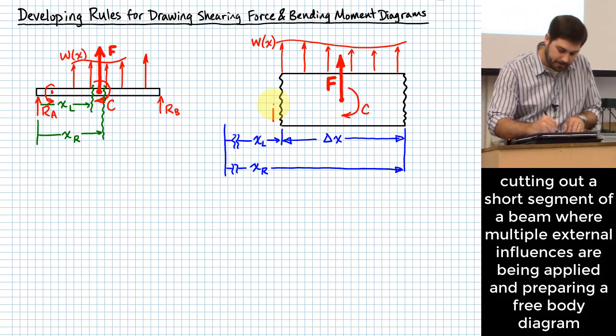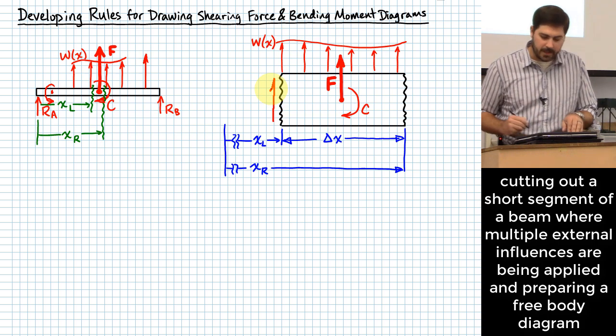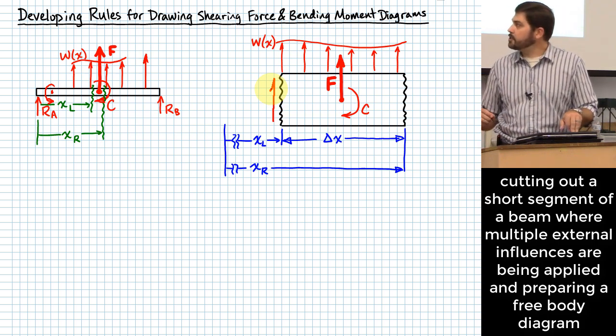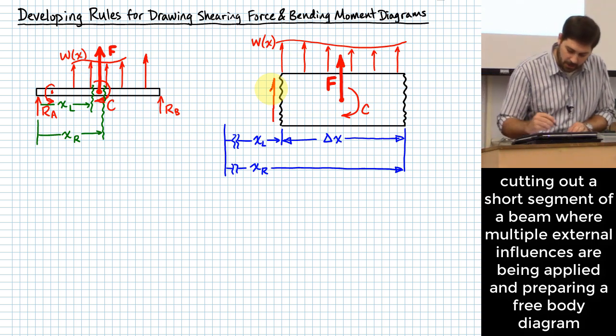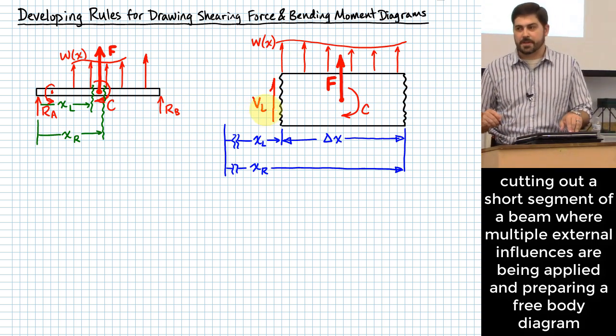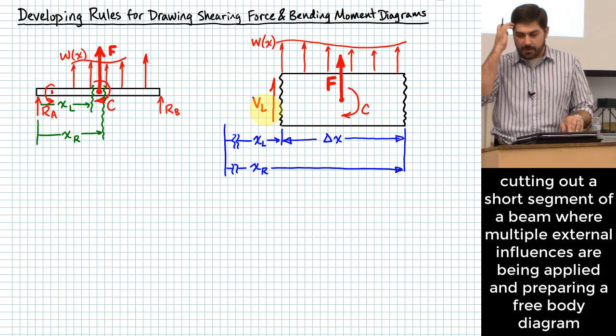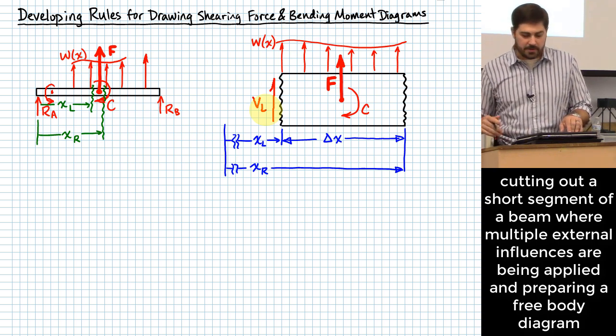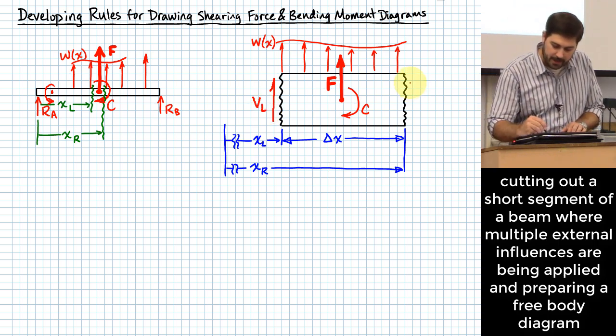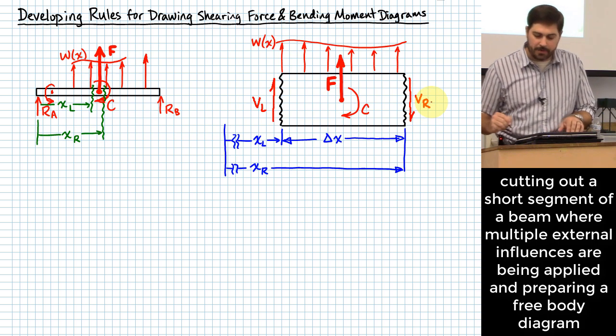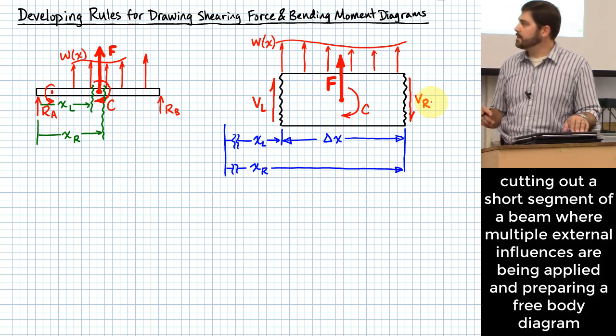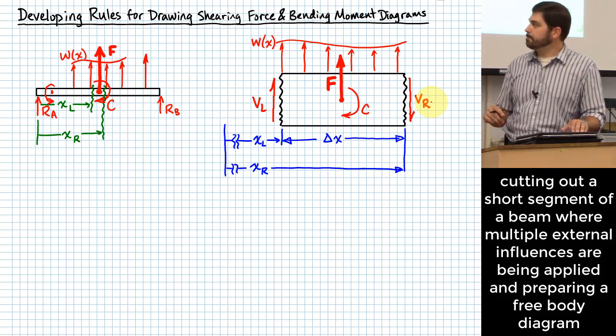Pointing up, like this. Let me give that shearing force a name. I'm going to call that V sub L for the shearing force on the left end of this little chunk. If I follow sign convention for the other side, what direction should I show that? Down. I'm going to name it V sub R for the shearing force at the right end of this little chunk of beam.